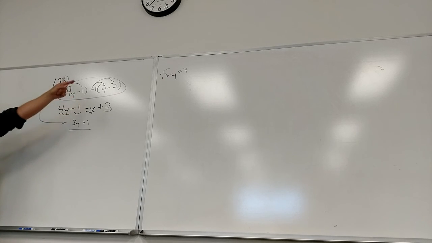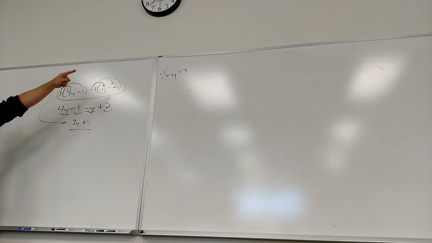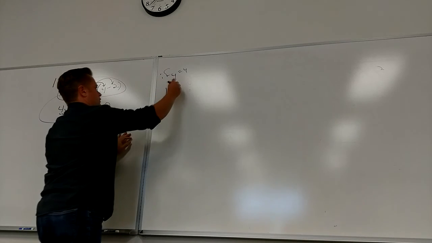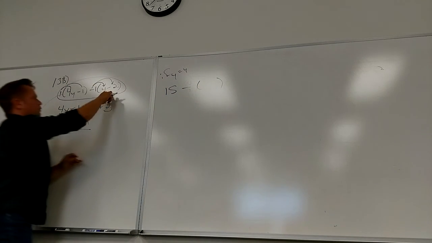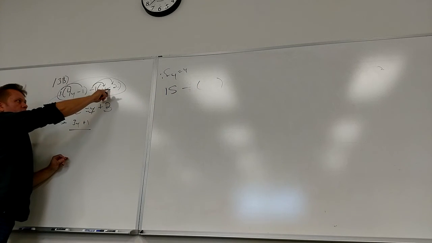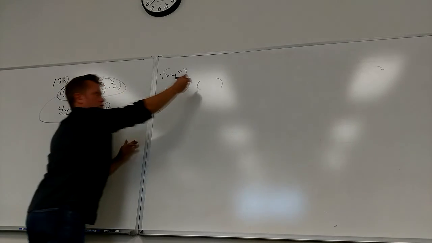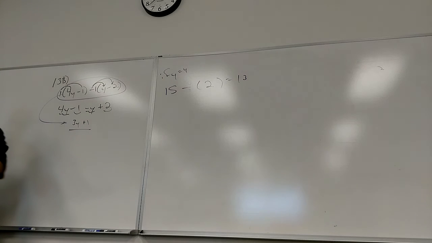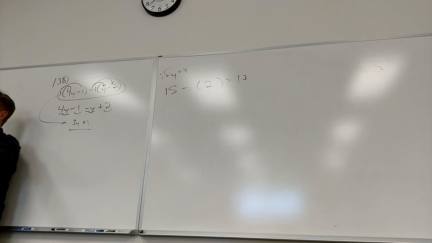So it's kind of nice sometimes, if you realize what's happening, to give yourself something more concrete. If y is 4, what is this number? 4 times 4? 16. Minus 1? 15. And what is this number if y is 4? 4 minus 2? 2. So that should be 13, right? Is everybody cool with that?